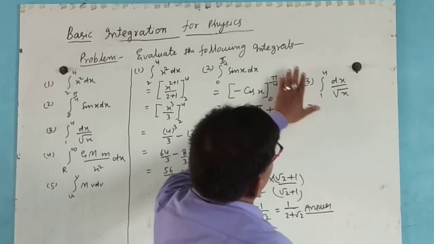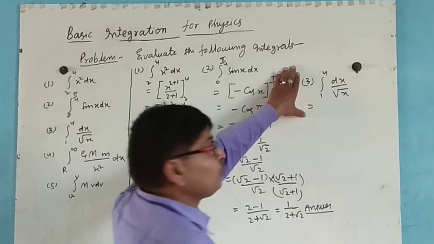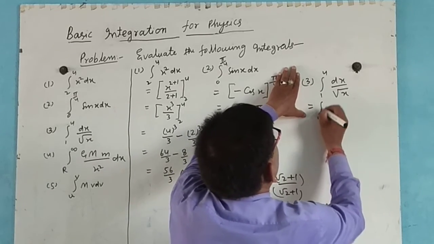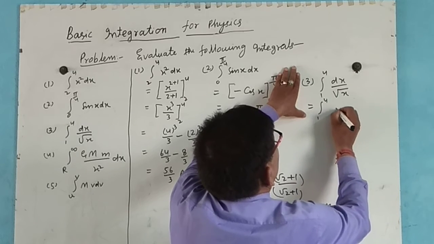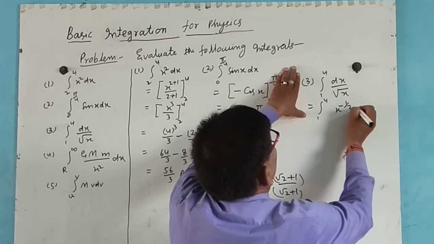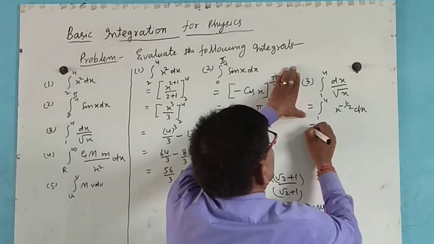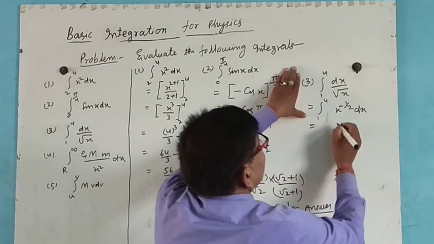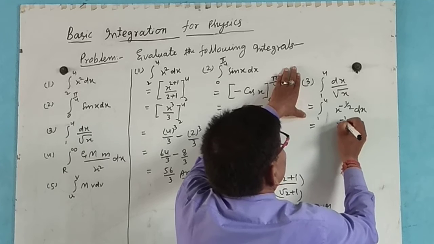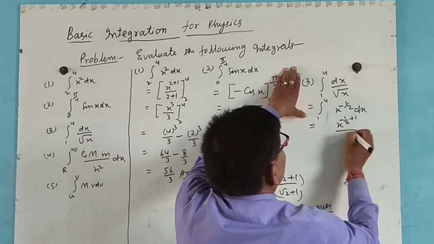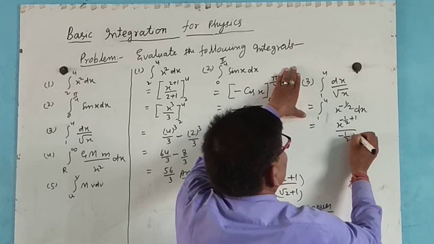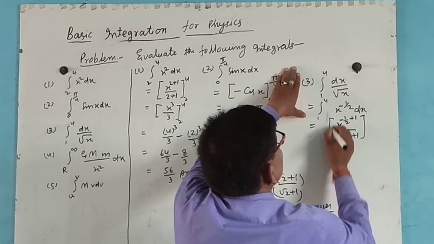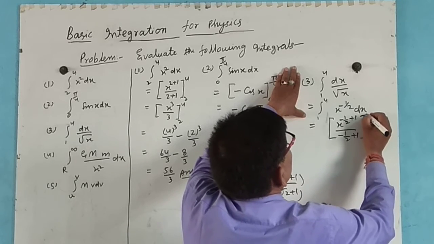This can also be written as integration of 1 to 4 x to the power minus half dx. Now this can be written as x to the power minus half plus 1 divided by minus half plus 1, and the limit will be 1 to 4.